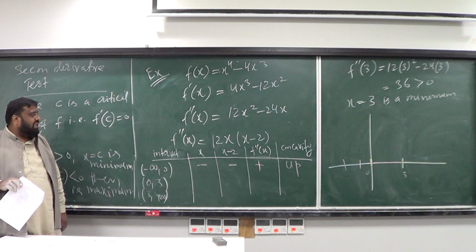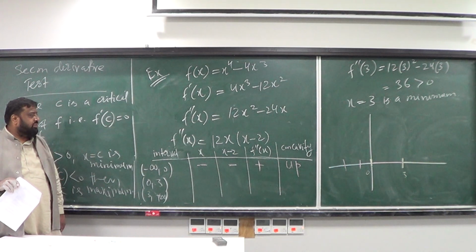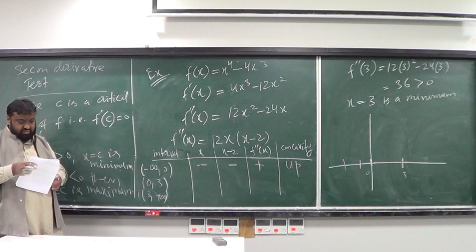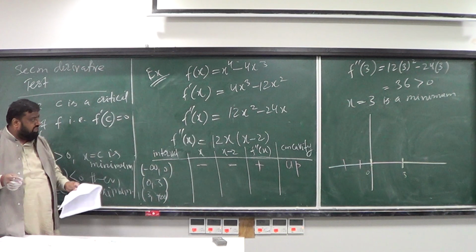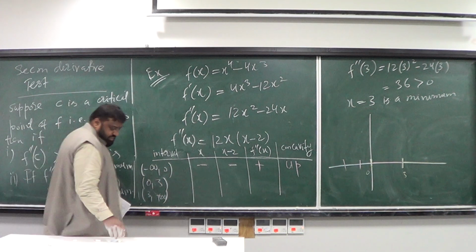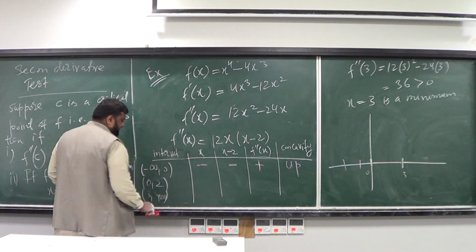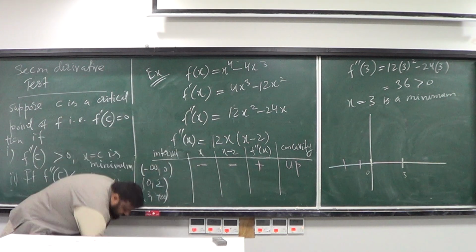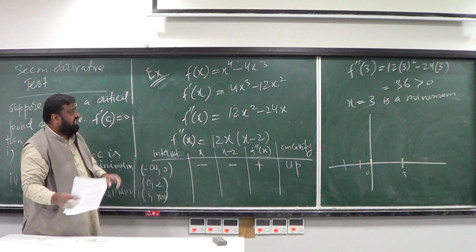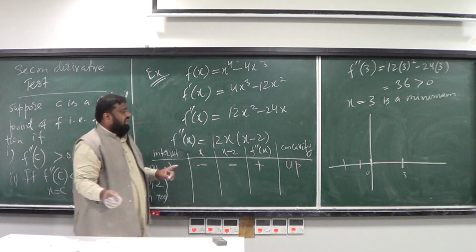For example, if I take 1, it should be 0 to 3 or 0 to 2. So silly me, I made one silly mistake.